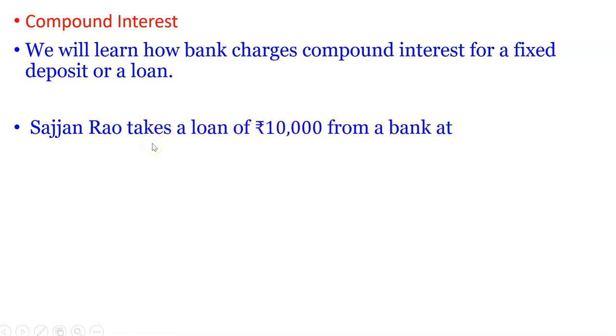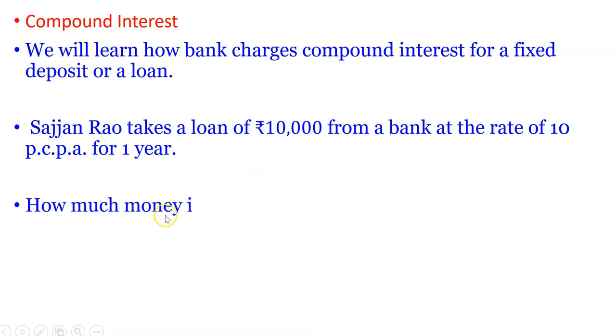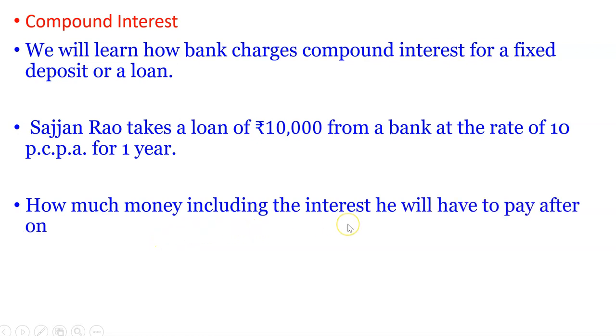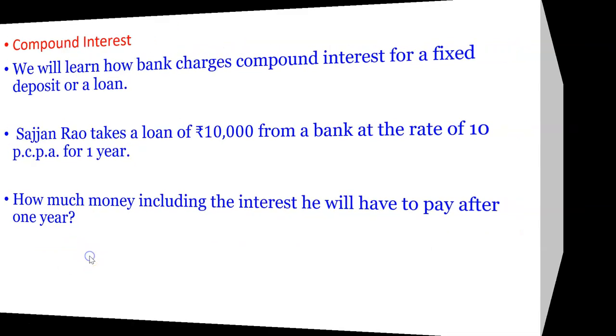Sajjan Rao takes a loan of rupees 10,000 from a bank at the rate of 10% per annum for 1 year. How much money, including the interest, will he have to pay after 1 year? Here P is equal to 10,000, R is equal to 10, N is equal to 1.